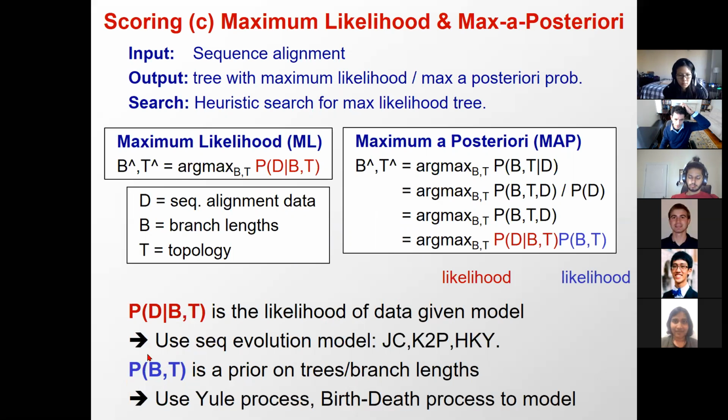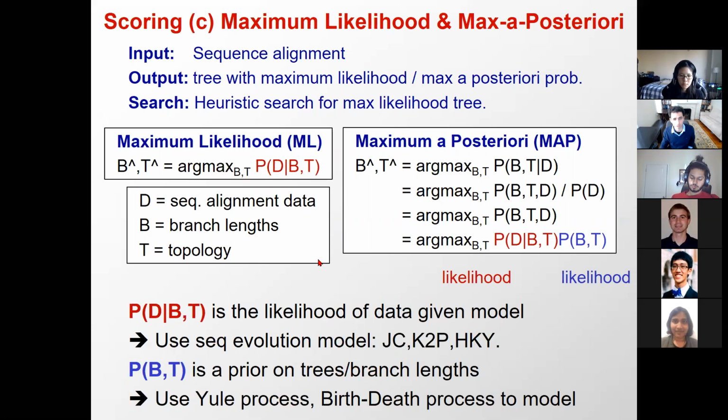And that's just a prior. And that prior can be given by an evolutionary process that we're running, a simulation process that is basically saying, how often do I gain a branch, how often do I diverge, how often do I mutate, and so on and so forth. So this is basically just giving us a prior probability on a set of trees and a set of branch lengths.